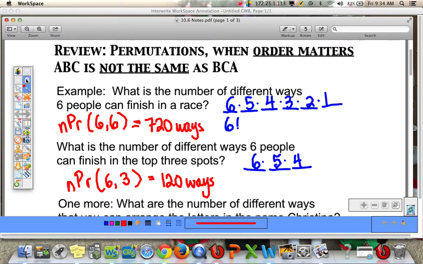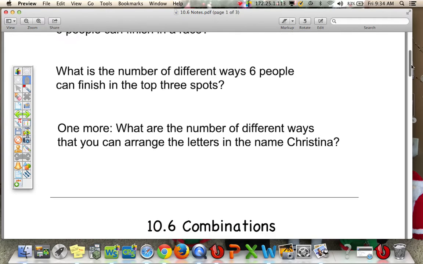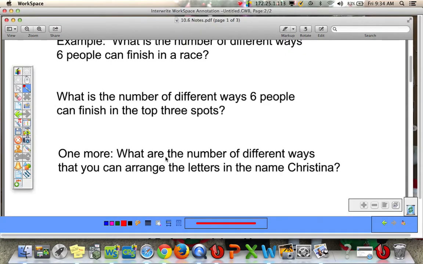Let's do one more, a name one. What are all the different number of ways you can arrange the letters in the name Christina? So we could try that. Christina has 1, 2, 3, 4, 5, 6, 7, 8, 9 letters. So this one we would have the total letters, but there's going to be some repetition here. What is repeated? Notice that I is repeated twice.